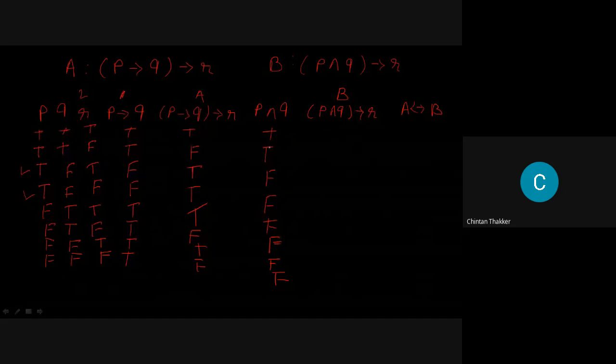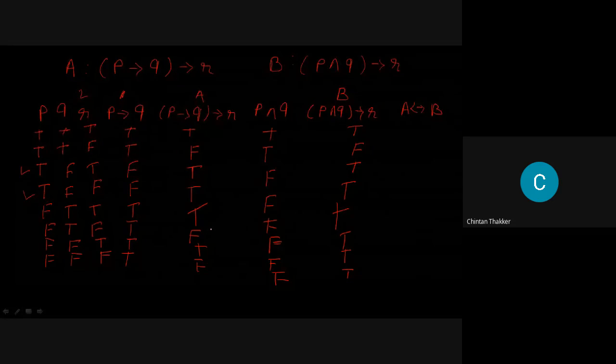In our first two, in R the first is true, the second is false. Then the remaining six are F, so we have six T. Now if you compare A and B, at the sixth and eighth entries they have different values. At all remaining places they have the same value.